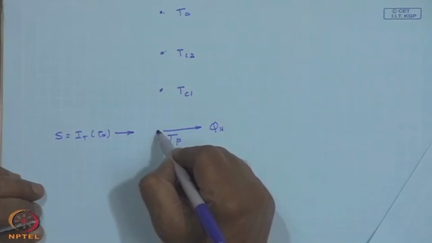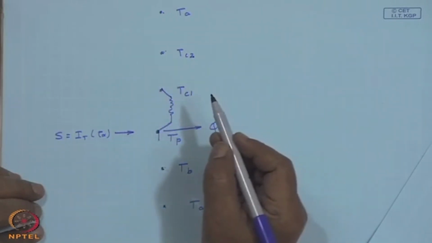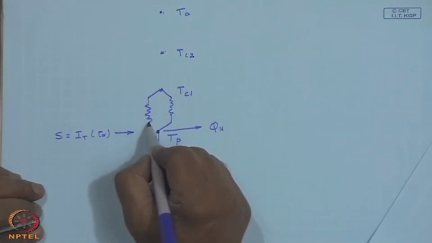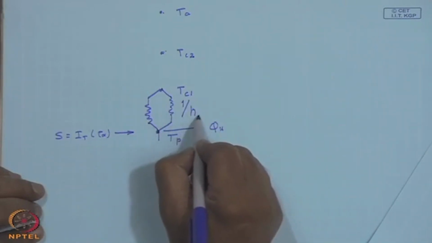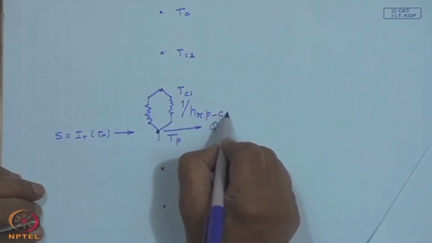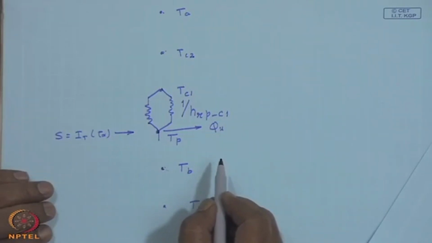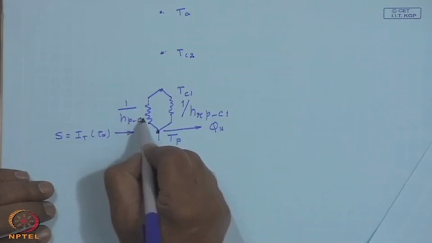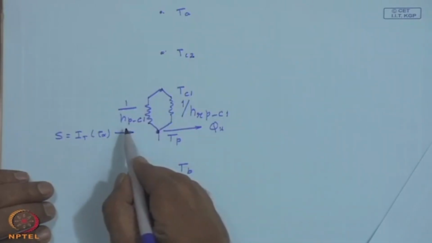So, now we have two paths, a convection path and a radiation path. This will be having a resistance of 1 by H r P to C 1. So, H r is a radiative heat transfer coefficient and P 2 C 1 is from the plate to cover 1. This will be 1 upon H P 2 C 1, just plate to the cover 1, the convective heat transfer coefficient.